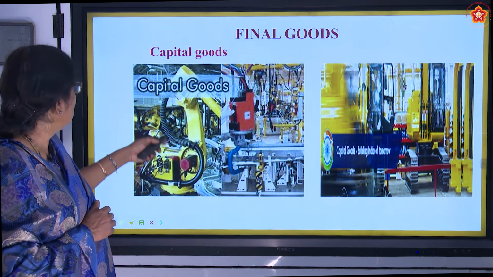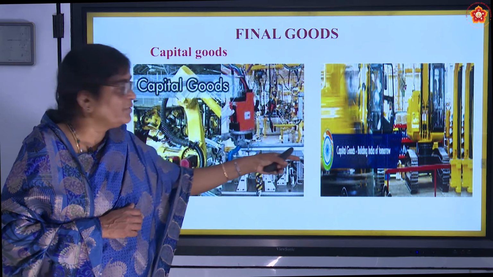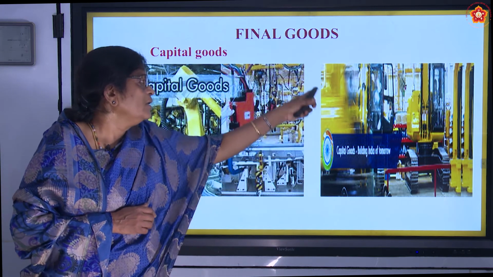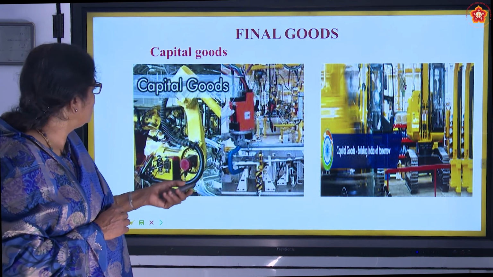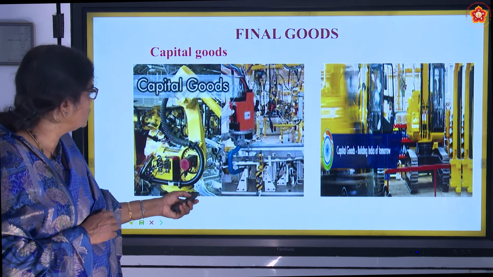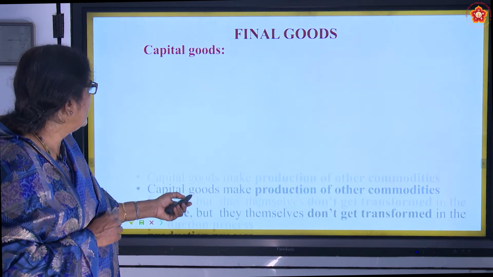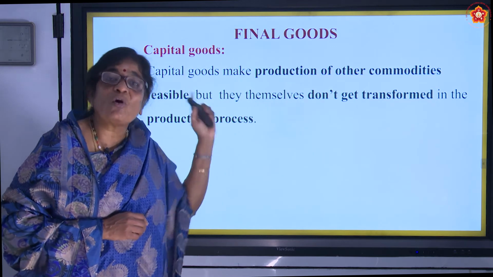Here you can see big machineries, moving machines with generators and big cranes in the automobile industry or in any other industry. These are examples of capital goods. And capital goods make the production of other commodities easy.